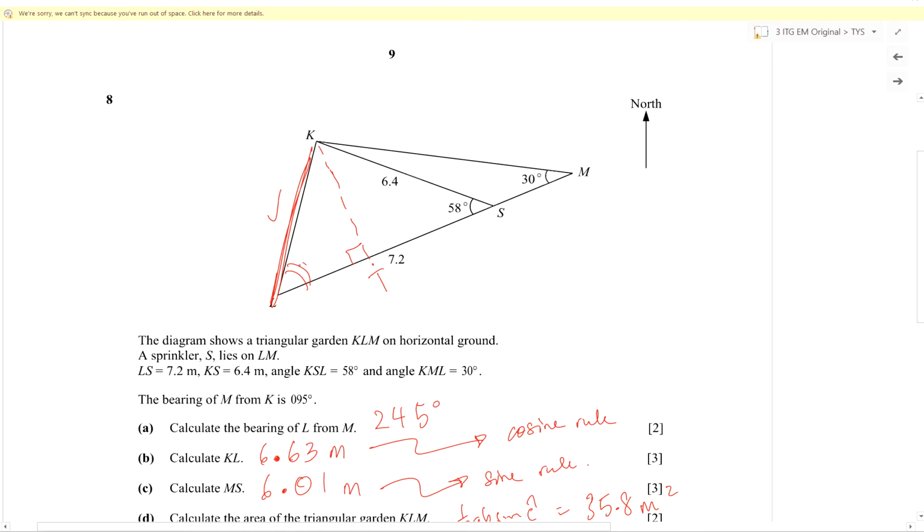You guys have this angle, right? Sine law, then you get KT over KL. Yeah, that's the easiest way already. You don't have to find the area. You can, but you don't have to.